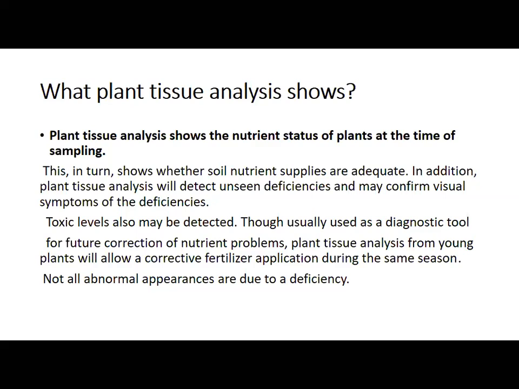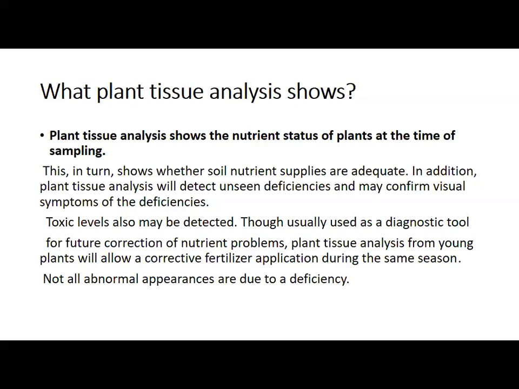It shows whether soil nutrient supplies are adequate or not. Or it will detect any unseen deficiencies, as we discussed previously, by confirming some visual symptoms of the deficiencies that can be corrected.